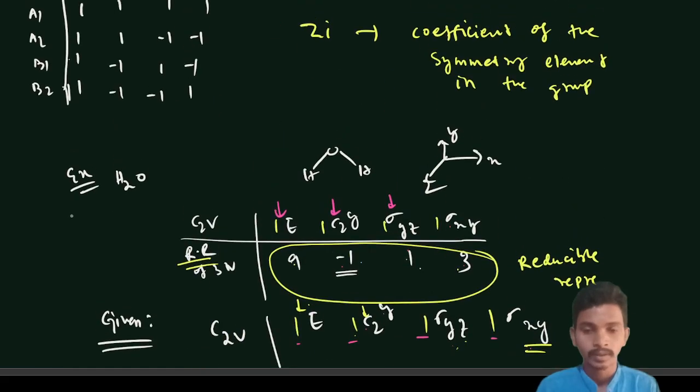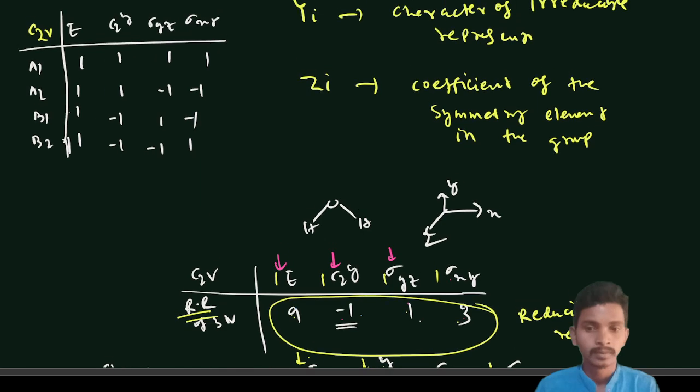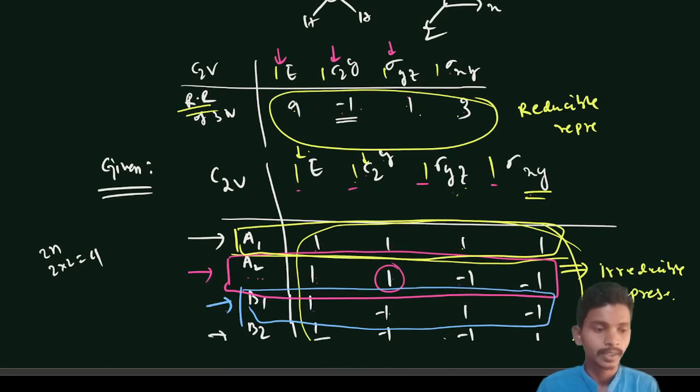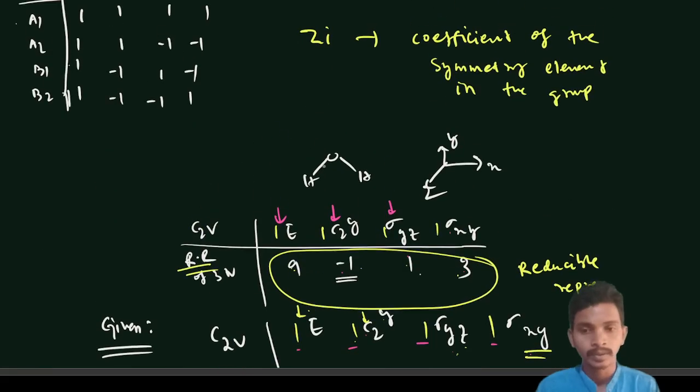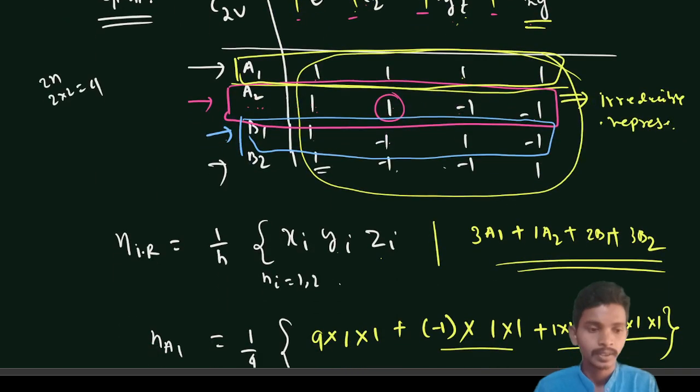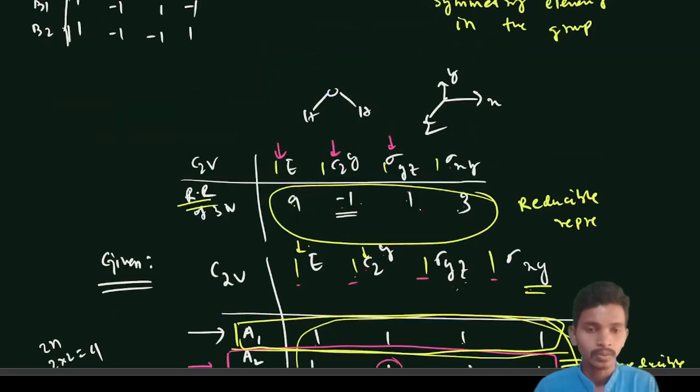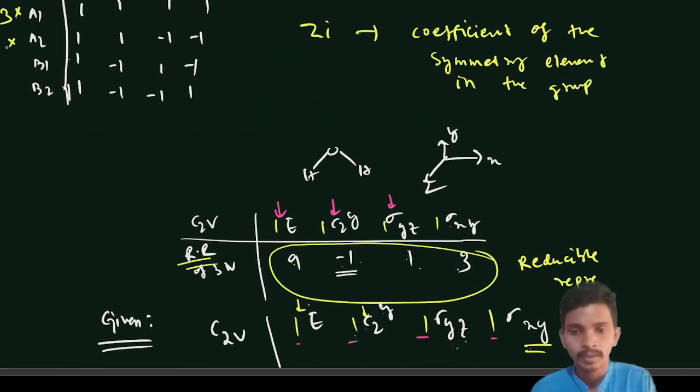Okay, so now what I'll do, this A1 how much we get? 3A1, so multiplied here with 3. And A2 we get 1, so multiplied by 1.